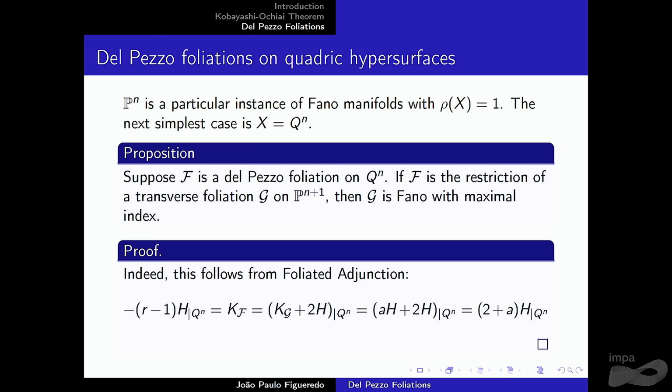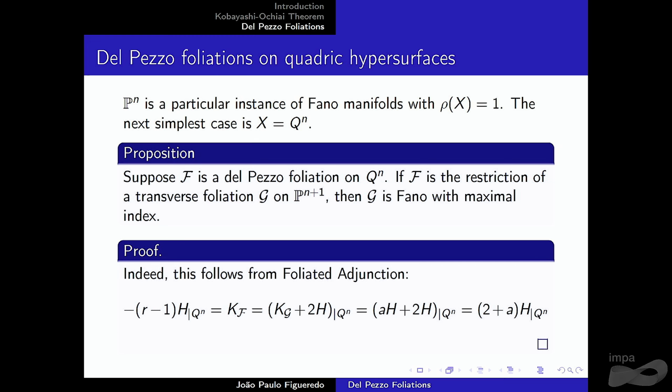So this was mentioned in Alan's talk in the morning. First, if you consider a Del Pezzo foliation on Qn, suppose that this foliation is the restriction of a transverse foliation on Pn plus 1. So Qn is a quadratic hypersurface on Pn plus 1.